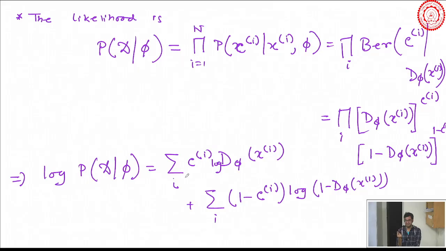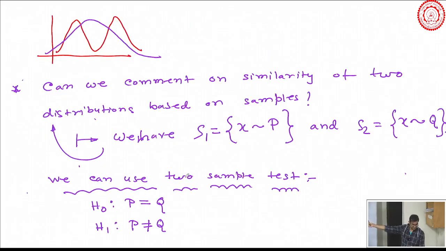What does 1 mean? 1 means you are getting the first sample. So that means the probability of getting 1 is the first one. And similarly, 1 minus Ci means 1 minus 1, which is 0. So that means getting from Q, failure, basically.